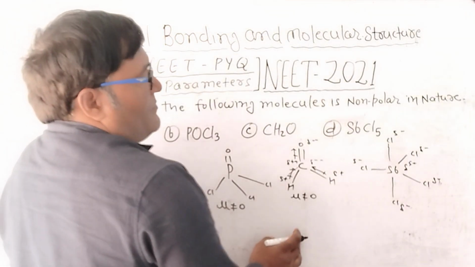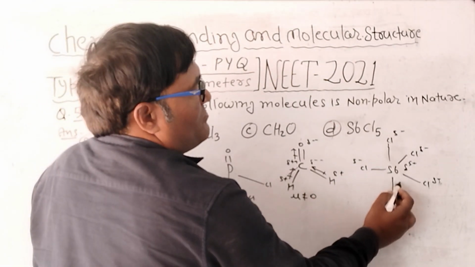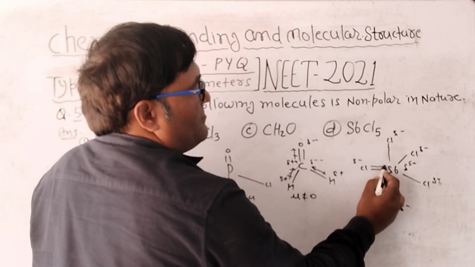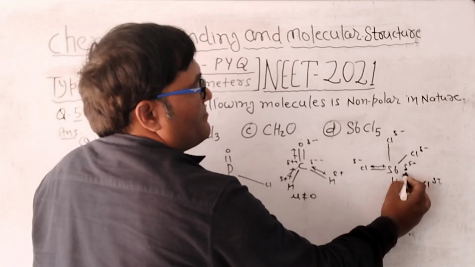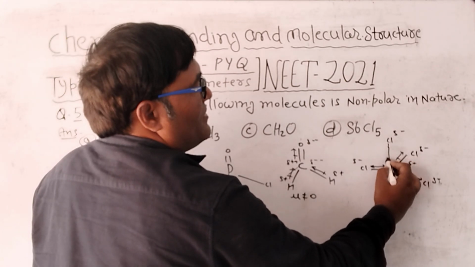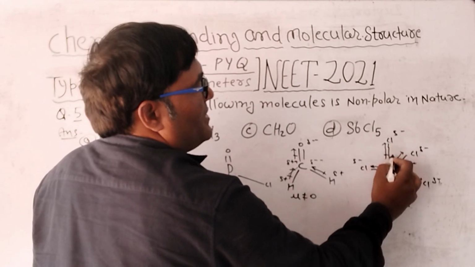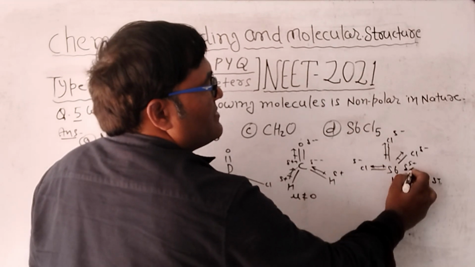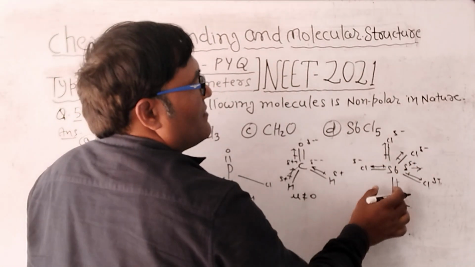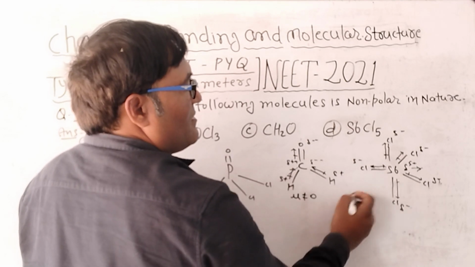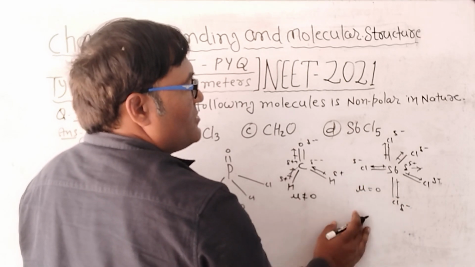So the direction of dipole is positive to negative for each bond. Now this vector is cancelled by that vector, and the upper side vector is cancelled by the lower side vector. Now mu is equal to 0.